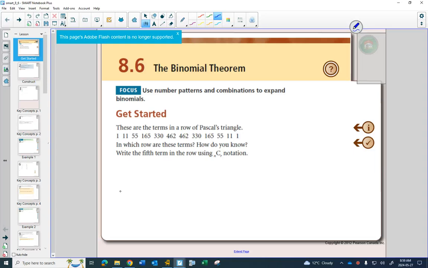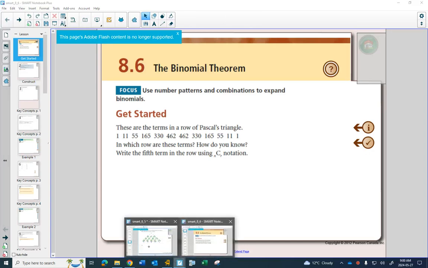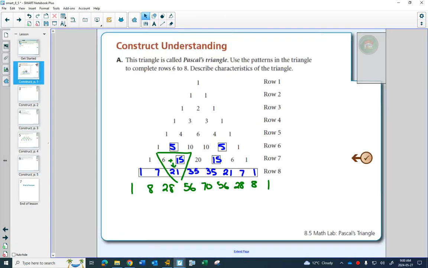So if we go back to our Pascal's triangle on the previous one, and look at the different rows, I like to use that number to tell which row it is.